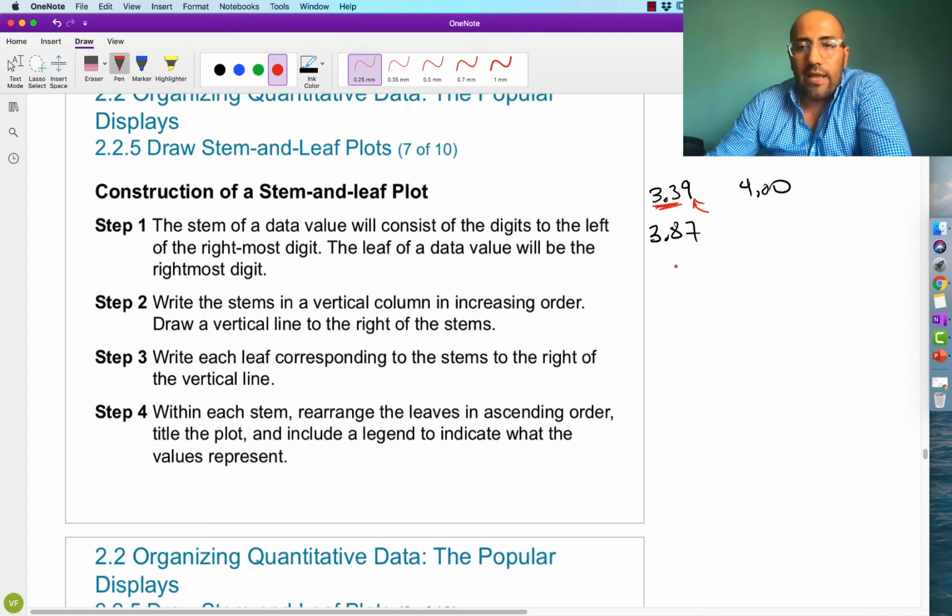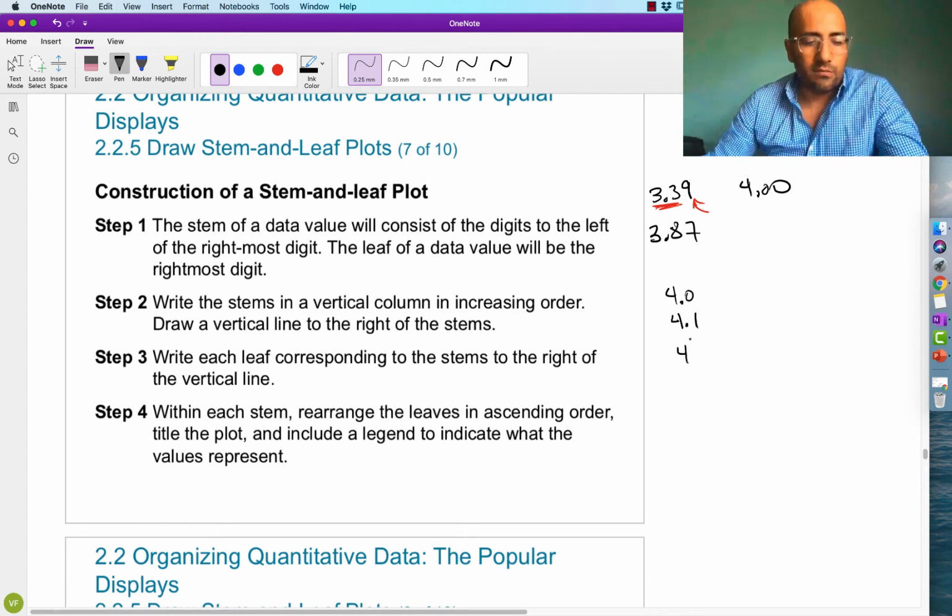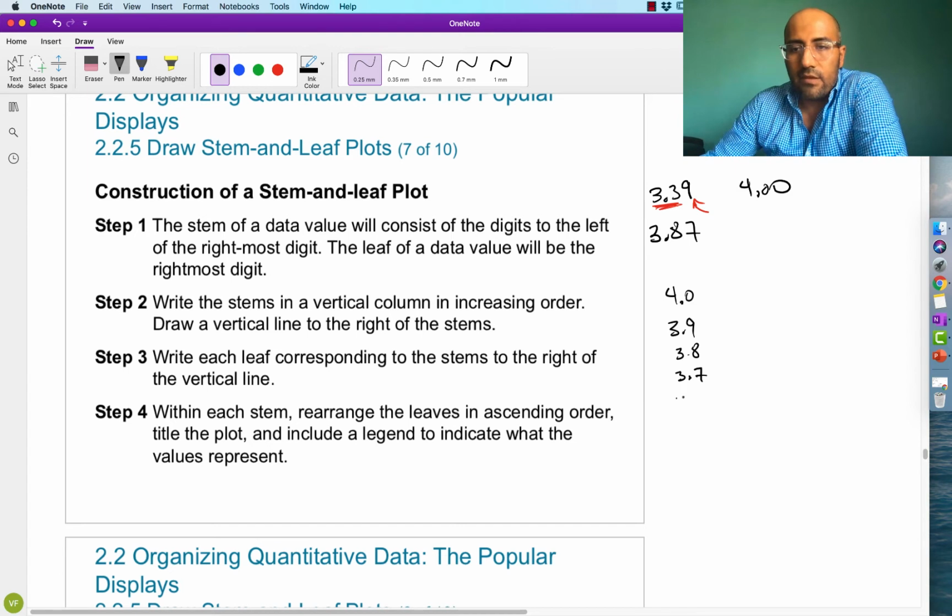Good. So when we create our display, we might have 4.0, 4.1, oops, not 4.1. Wish you had a 4.1. 3.9, 3.8, 3.7, 3.6, 3.5, 3.4, 3.3, right?